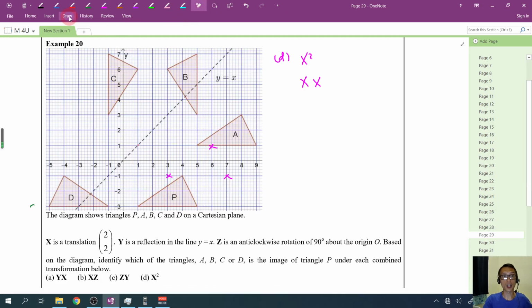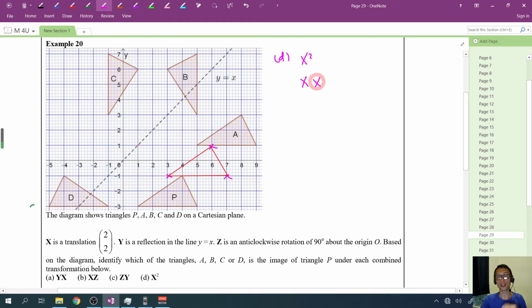Okay. Let me connect all these points together first. This time I do not label all the vertices, so I hope that you know what I'm doing here. So this is not the final answer yet. This is the first time of X.